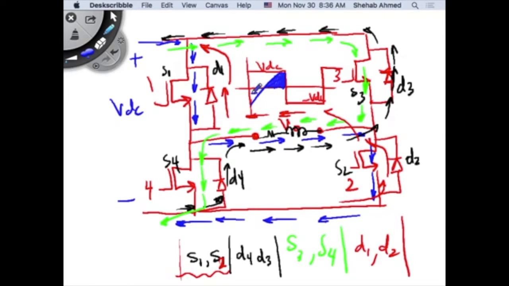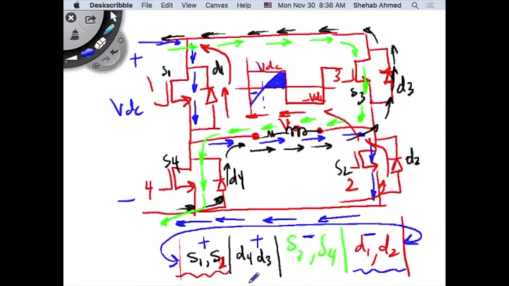Before it, there was a period of negative current. And this is repeating. So this is just a cycle you go through. This was positive current through the inductor. D4 and D3 is also positive current. How about this? Negative, and this is negative as well, right? So we had a period of negative current followed by a period of positive.